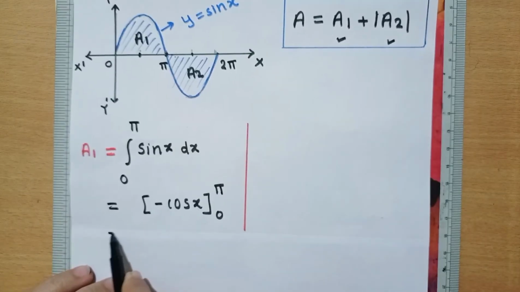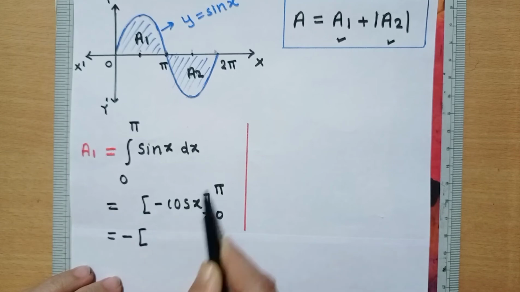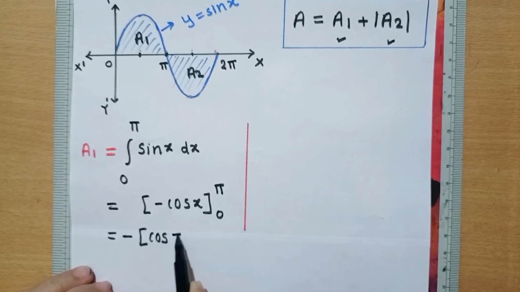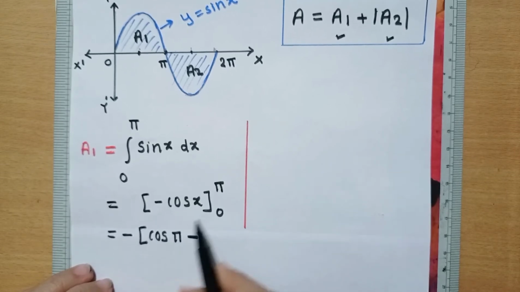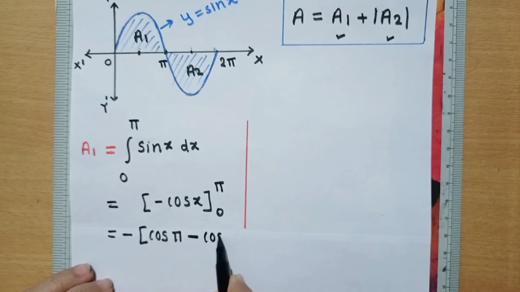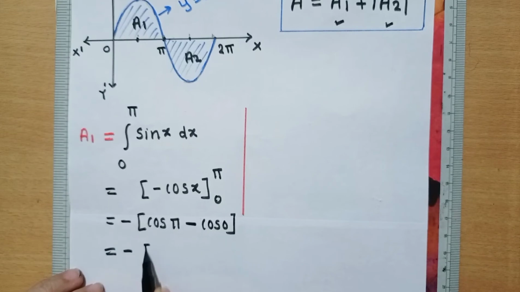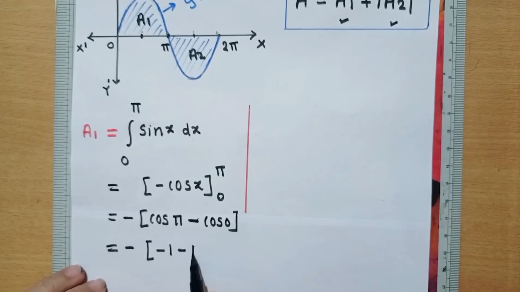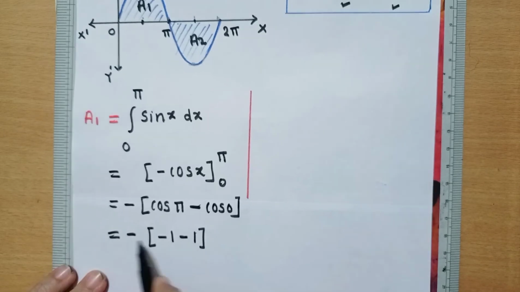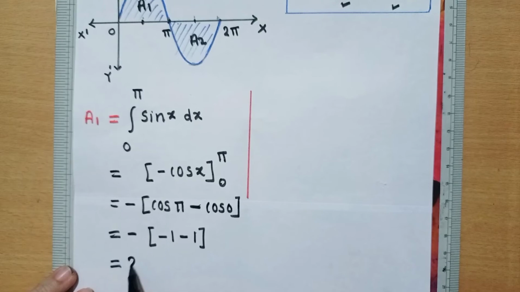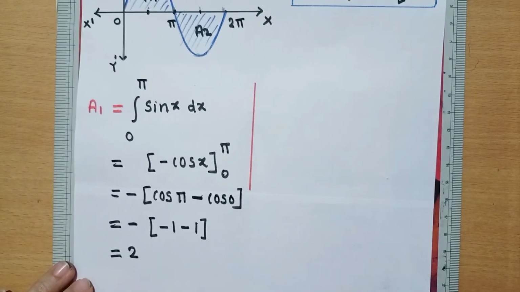So we will write the minus sign outside, and first the upper limit which is cos of pi, middle sign minus, and then the lower limit cos of 0. Cos pi is minus 1, and cos 0 is 1, so minus 1 minus 1 is minus 2, and minus multiplied by minus 2 is plus 2. So its answer is 2.